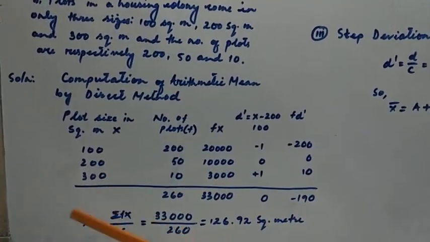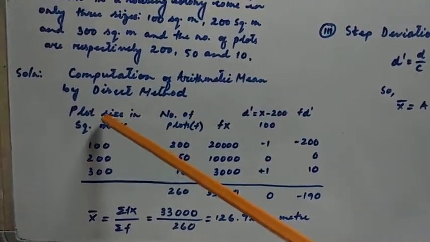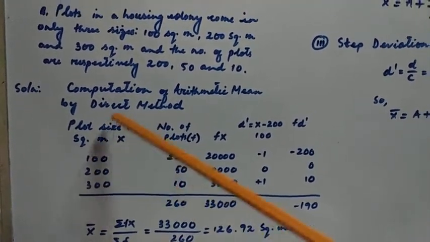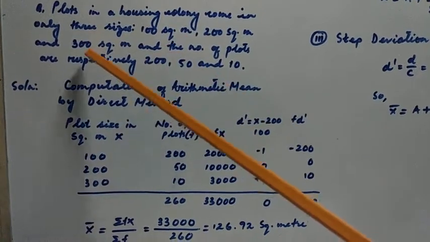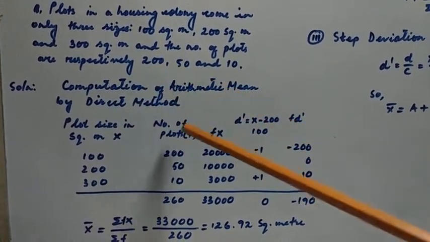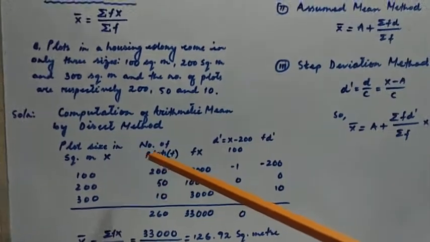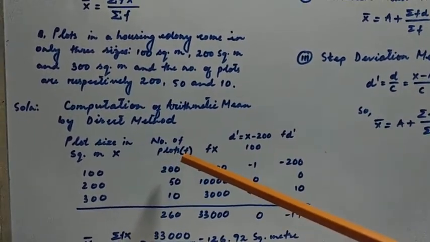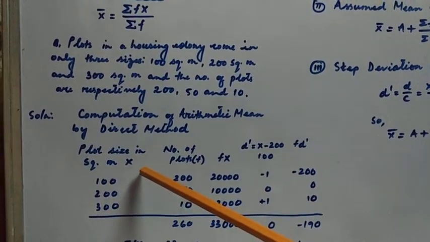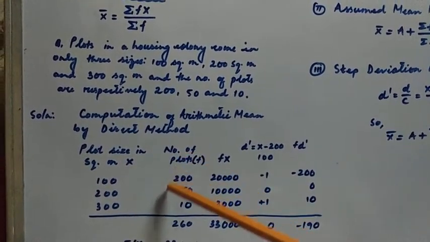What we have to do here is make a table like this. Plot size in square meters, that is x: we have 100, 200, and 300. Number of plots is given as 200, 50, and 10 respectively. These are the frequencies.